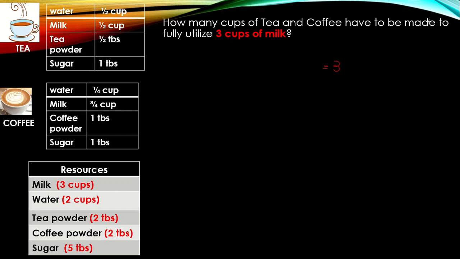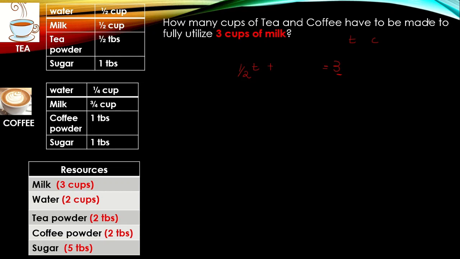Now we have to say how many cups of tea and coffee I can make. So I take 2 variables: t to represent the number of cups of tea, and c the total cups of coffee. So what will be on the left hand side to utilize a total of 3 cups of milk? For 1 cup of tea, I require half cup of milk, and if I make t cups of tea, I require this much milk.